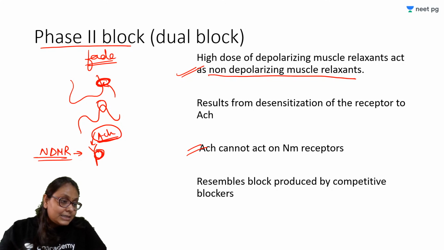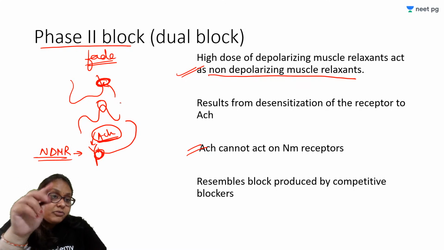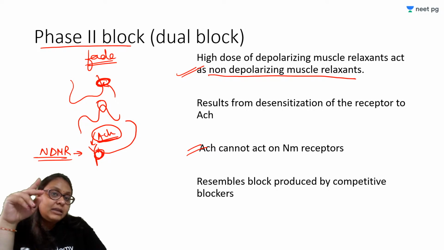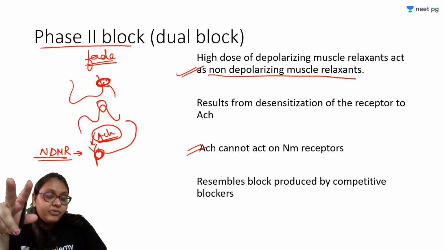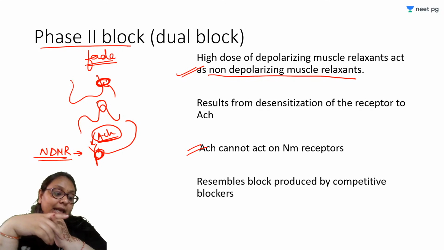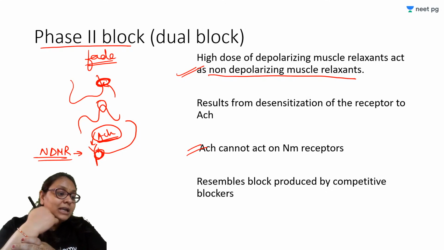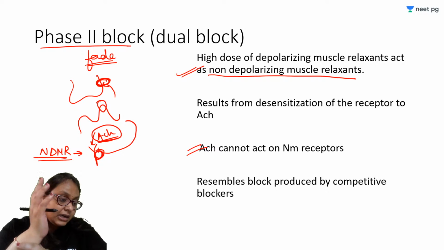That is desensitization. Plus, succinylcholine in the phase 2 block is acting on the presynaptic membrane also, and because of that we see the fade phenomenon. So when a higher dose of succinylcholine is given, it acts like NDMRs both on the postsynaptic membrane as well as the presynaptic membrane. Is it clear?